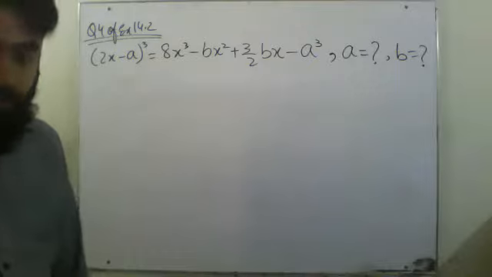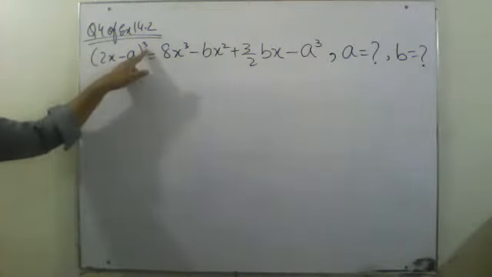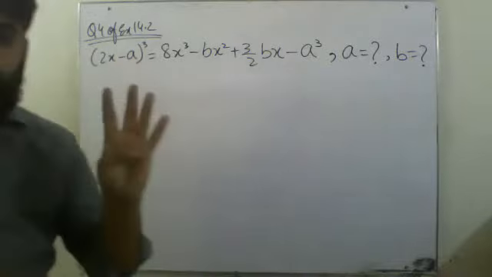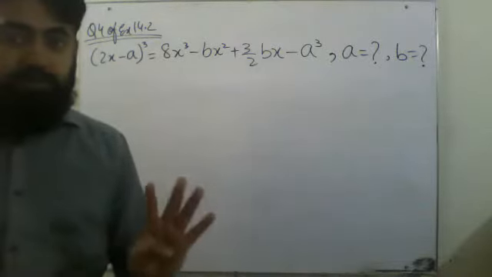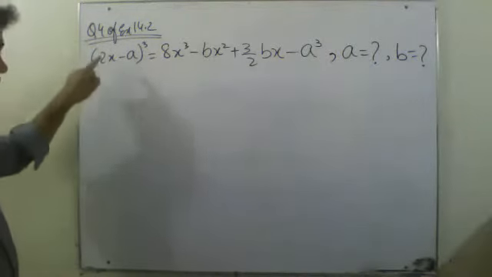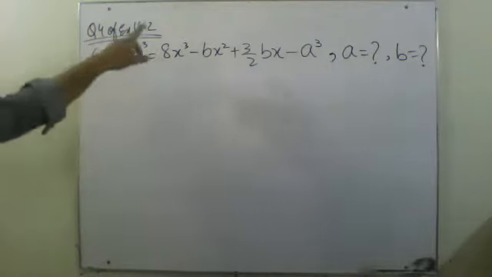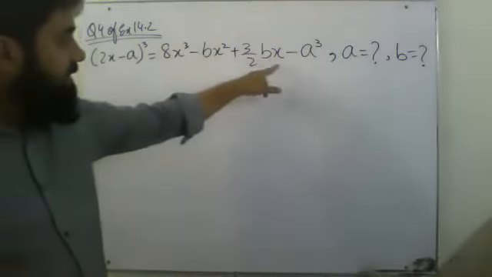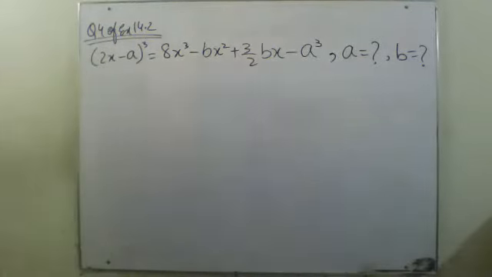First, n is 3, so the total terms will be 4, and the highest power of x is written at the first position, in descending powers of x.